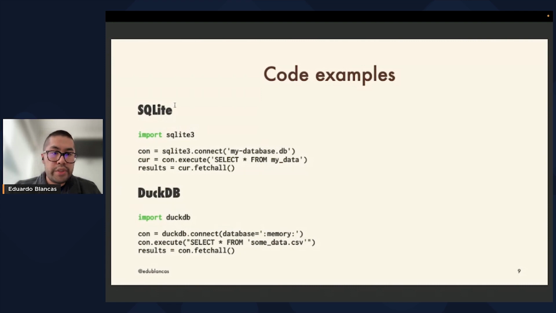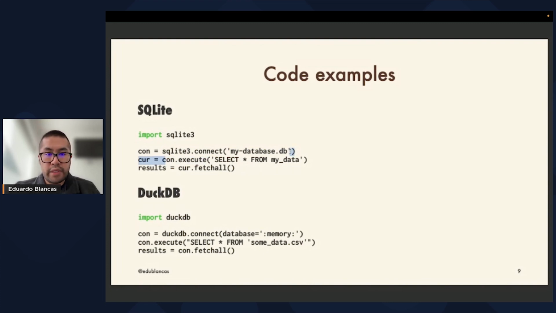So here I have two code examples just so you know how it looks in practice. With SQLite, as I mentioned before, you don't have to install any extra dependencies. It already comes pre-installed with Python. So you can start a Python session, do import sqlite3, and then create a connection to a database. Then you can upload the data to your database, and there are some commands you can use, for example, to import a CSV file into a .db file, which is the format that SQLite uses.